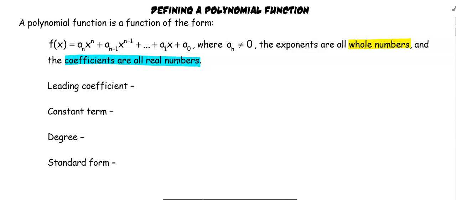Okay, when we look at the different aspects of the polynomial equation, we have the leading coefficient. So we know what a coefficient is, it's the multiplier. The leading means it's going to be the first.